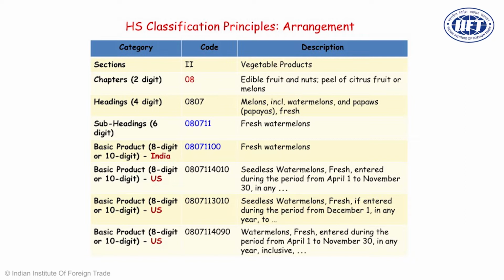Here, the idea is that products are classified under seedless or with seed, and even within each of the categories, we look at the date at which the watermelons enter the US market. Is it April 1 to November 30, or December 1 to March 31st? Accordingly, the code will be different.